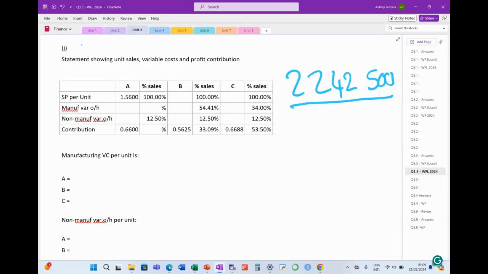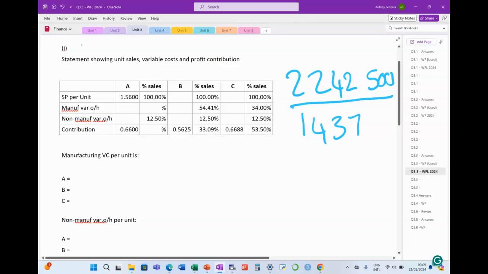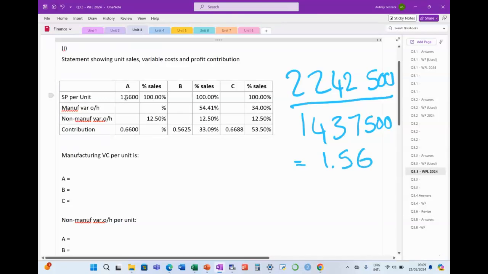Yeah, unit sales or sales units, okay? And our sales units are how many? How many units did we sell of A? 500. Okay, and that gives us what? 1.56. Okay, so that's how we're getting this here.